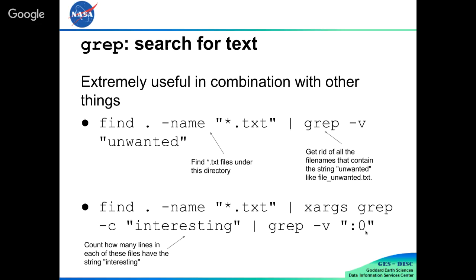So it's very useful in combination. Most of these are useful in combination with other things. And there are also many ways; this is not the only way to do this. You may be able to get away with doing this all in one line with grep. But sometimes it's useful to just build the expressions up as you go. So does that make sense?